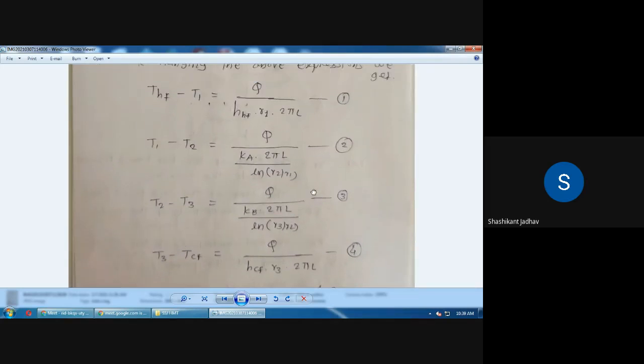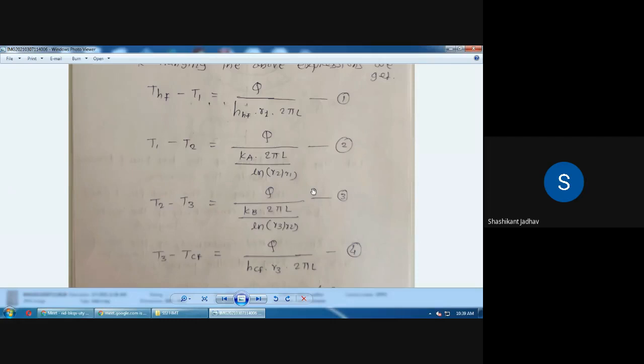THF minus T1 is equal to Q upon HHF into R1 into 2 pi L. That is the equation number 1. Then T1 minus T2 is equal to Q upon K into 2 pi L divided by ln of R2 by R1. That is the equation number 2.